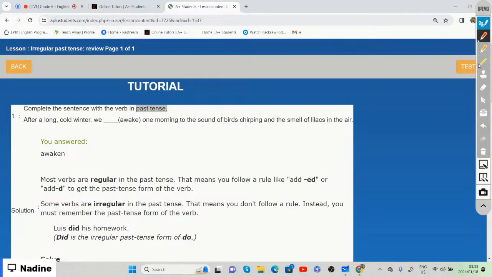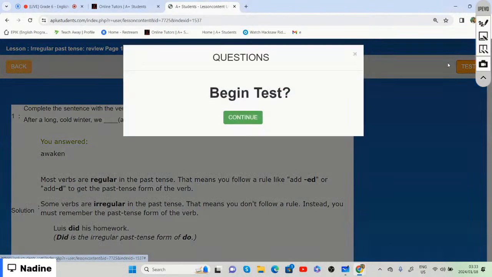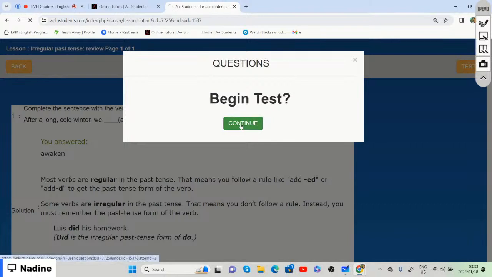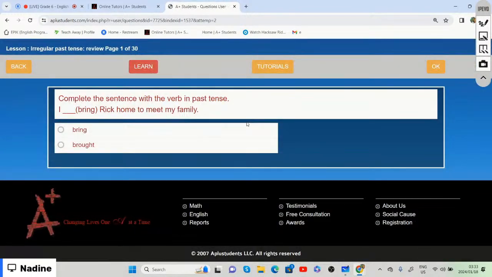All right, let's go to our test where we are going to go over irregular past tense. We need to complete the sentence with the verb in the past tense. I bring Rick home to meet my family. But now that word bring, right? If it's in the past tense, does the word stay the same as in I bring Rick home to meet my family?